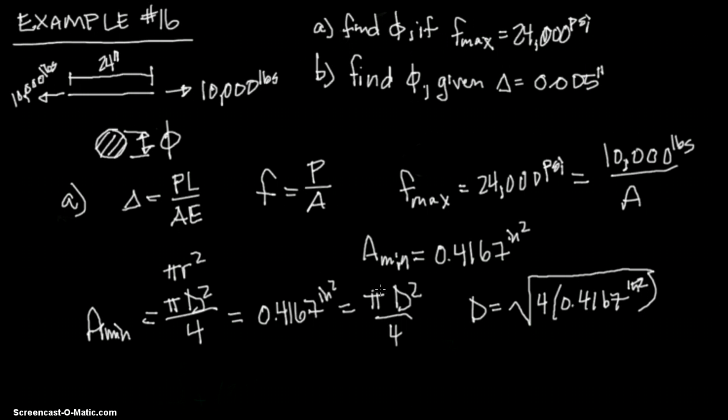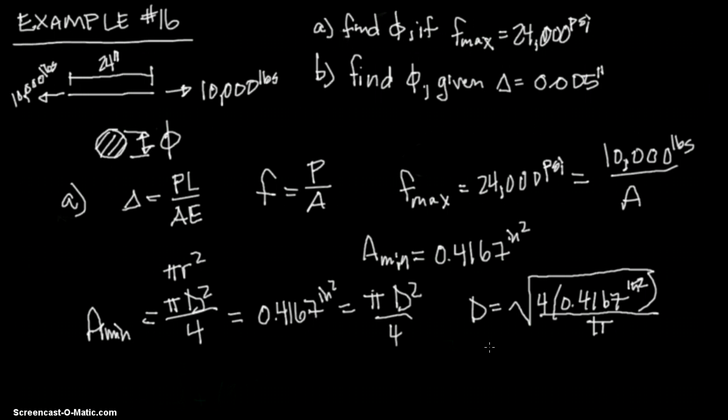And since it's multiplying by pi, you're going to be dividing by pi on this side. Then you take the square root of that, since you have d squared.